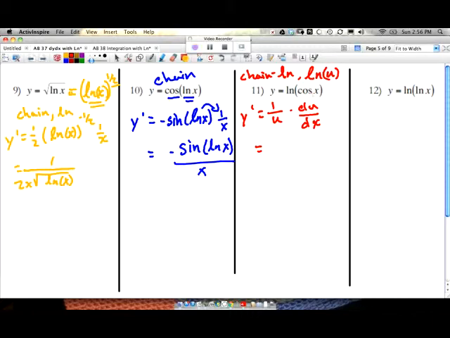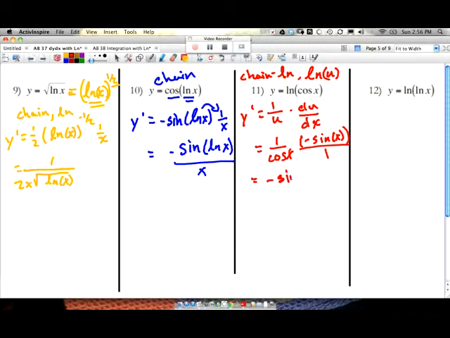So let's work that out. U in this case is cosine, so it's going to be 1 over cosine x. And then for the second piece, it's du dx. What's the derivative of cosine with respect to x here? With cosine of x, that's going to be negative sine x in a numerator, of course.